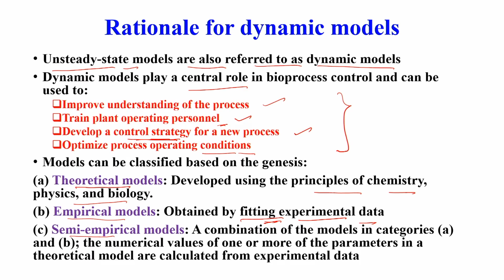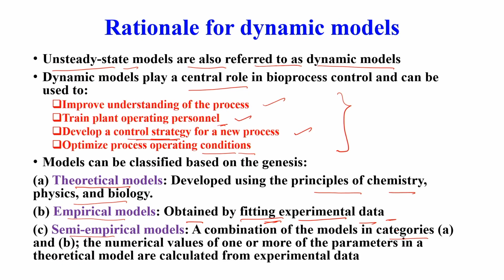They may not have fundamental theory behind those expressions, but they satisfy the training data or the given set of data. So the theoretical model has broader applicability, while the empirical model has a comparatively narrow range. Next comes semi-empirical.